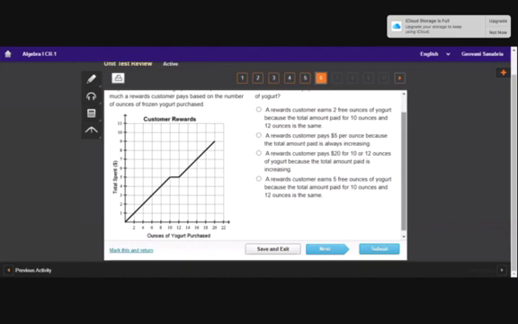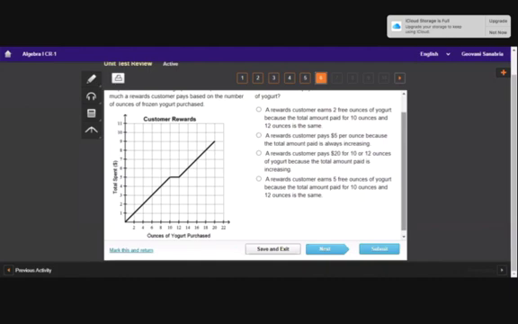Well, there's a spot where it's not increasing, that flat spot. Also it's not $5 per ounce anyway, because if you got 2 ounces, you should pay $10, and then 4 ounces, you should pay $20. So that one doesn't work.